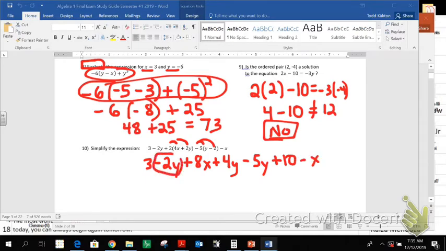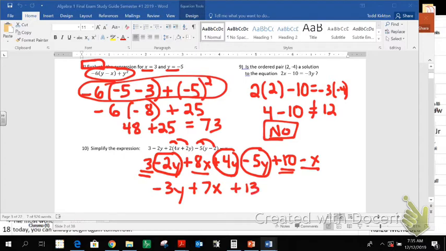So go and get your like terms together. So I have all those y's. So that's negative 2 plus 4 is 2 minus 5, negative 3y. 8x minus x is 7x. And then 3 plus 10 is 13. That's all you can do. We combined all our like terms. Can't go any further with that.